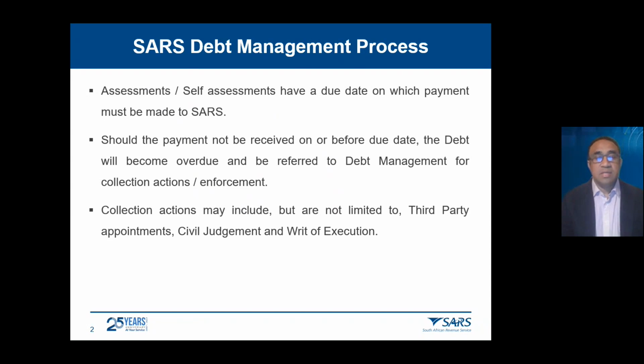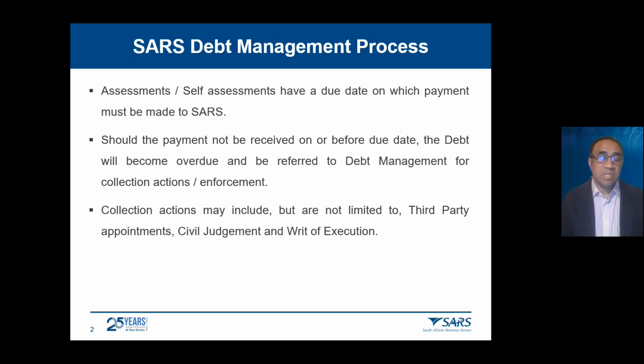And that due date makes reference to the date by which SARS expects full and final payment of that amount. If by the due date, the payment has still not been made, well, then the debt becomes overdue, and the process is referred to our debt management colleagues for further collection or processing.